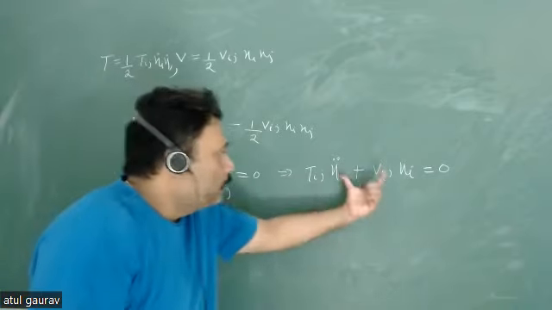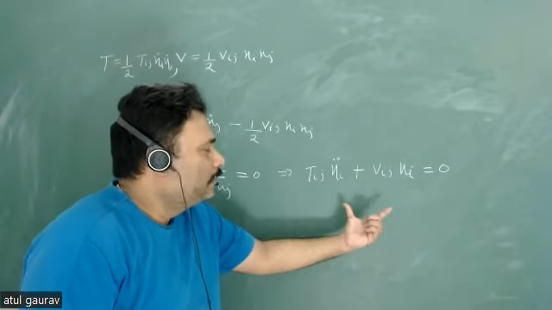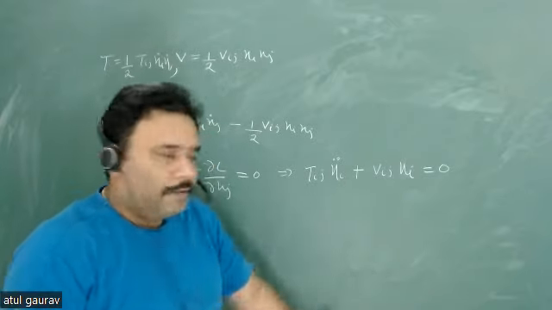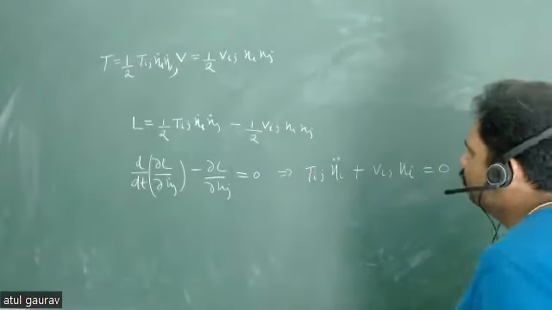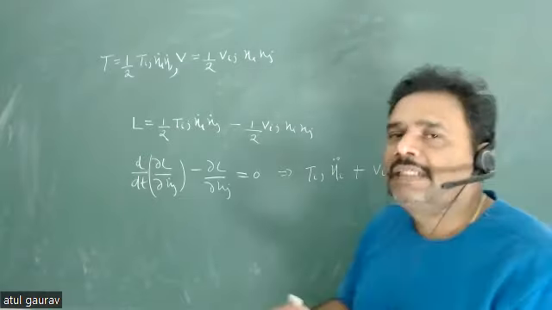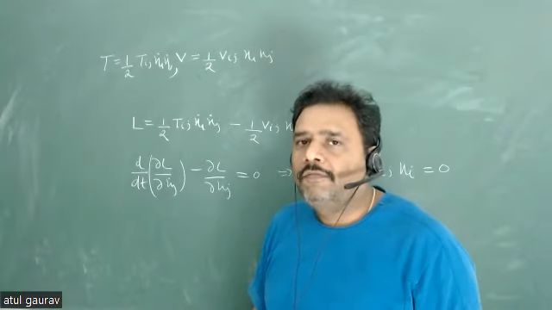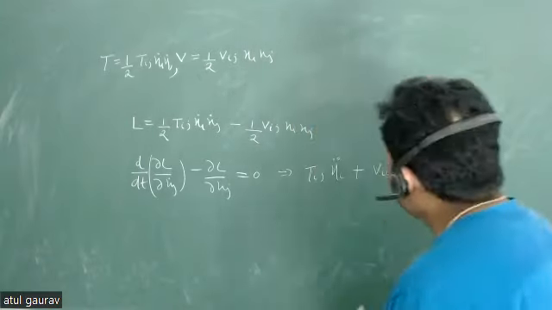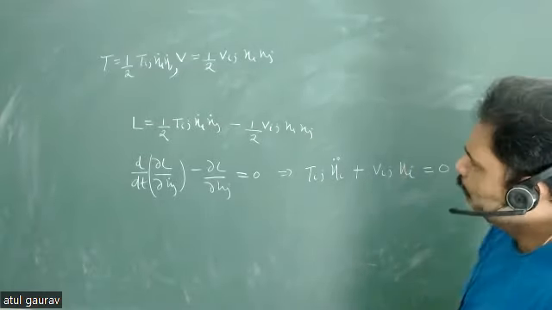Now how many such equations will you get? n number of equations, as many as the number of generalized coordinates. So you have n equations, and you have to solve them simultaneously. When you solve them simultaneously, then obviously you can get the answer. Now, by the way, which type of solution can you have for this eta I?